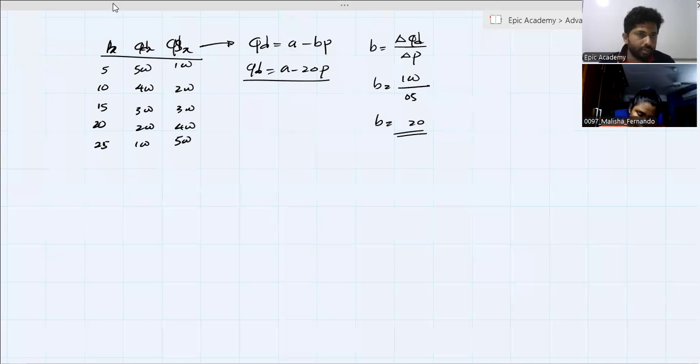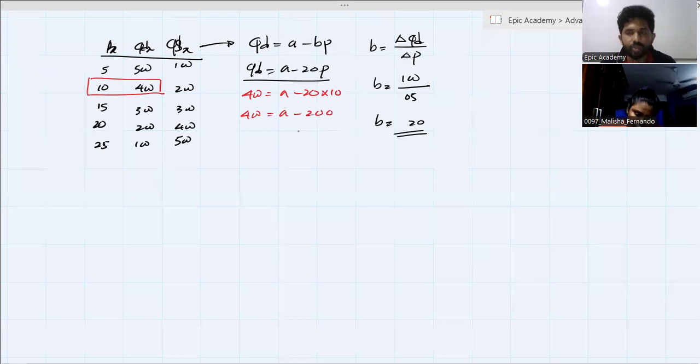Now again, you are going to select one option from this particular commodity. I'm going to select the second option. I mean, when the price equals 10, quantity demand equals 400. So I'm going to put the values into this equation. QD is 400, equals A minus 20 multiplied by 10.